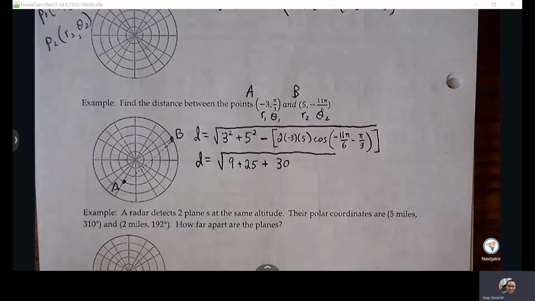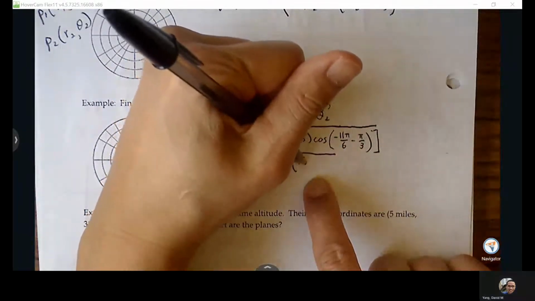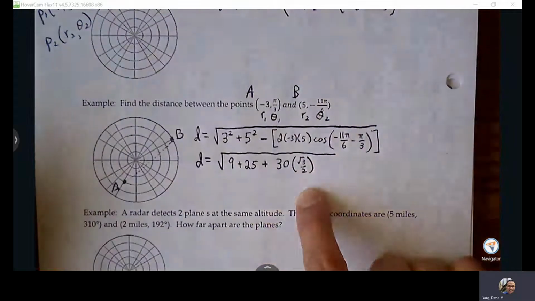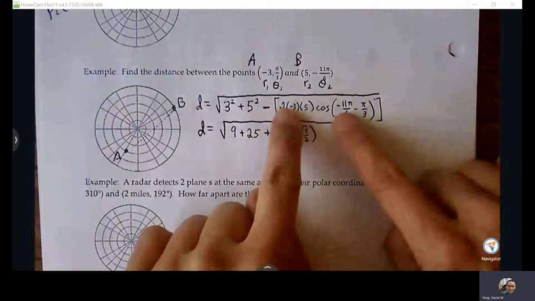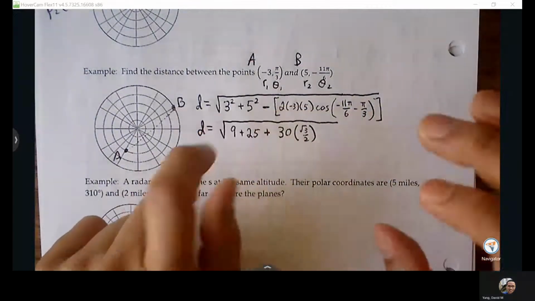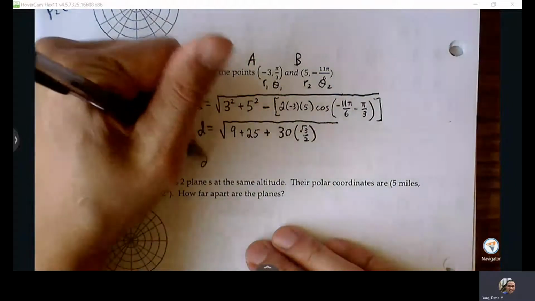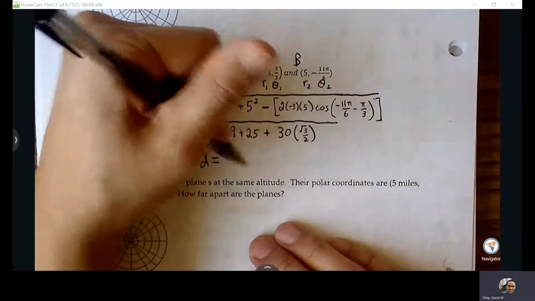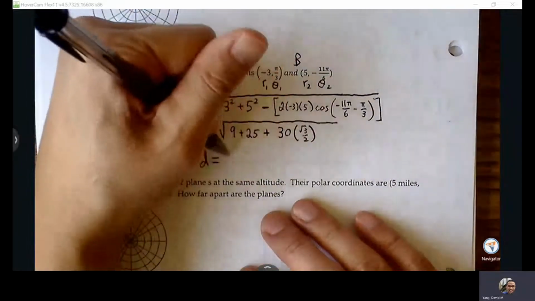Make sure you're in radian mode. I got root 3 over 2. And then I just entered all this in the calculator. Now you can try doing it all at once. For me, I just like to break things apart before I put it all into the calculator. But we should be satisfied with the decimal approximation to 3 decimal places.